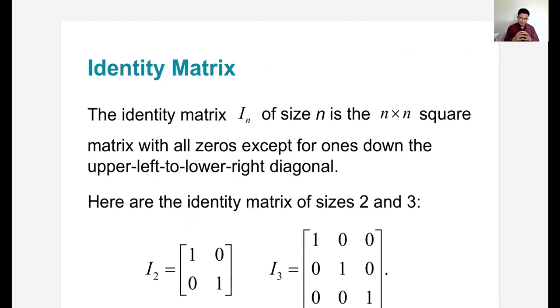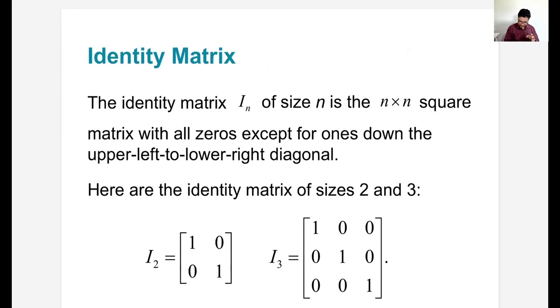Identity matrix. Like in any new system of objects, some objects are special, right? In numbers, 0 and 1 are special because 0 is what we call the additive identity. Now, I'm trying to recall your school arithmetic knowledge and connecting that here.